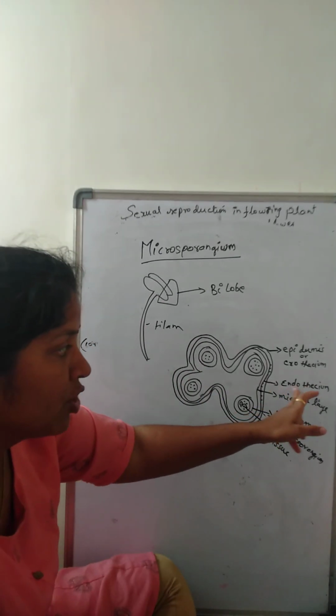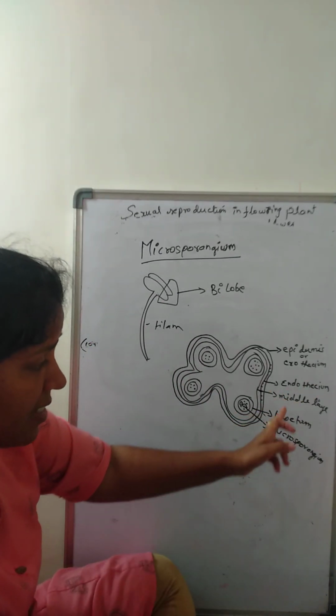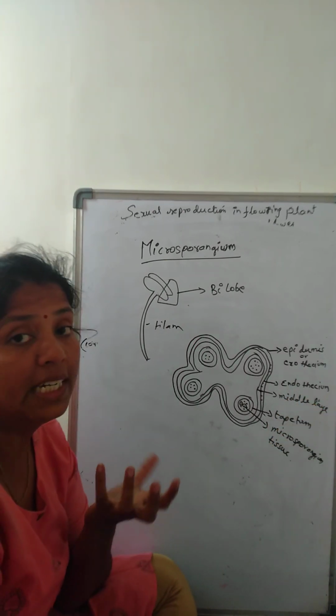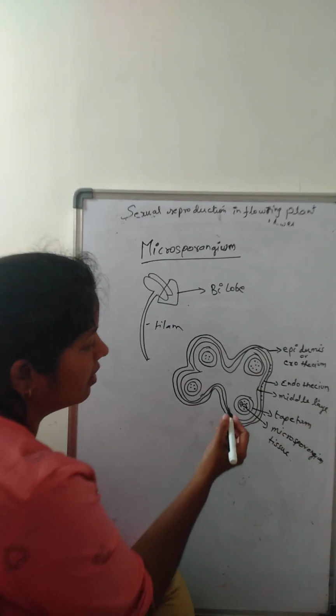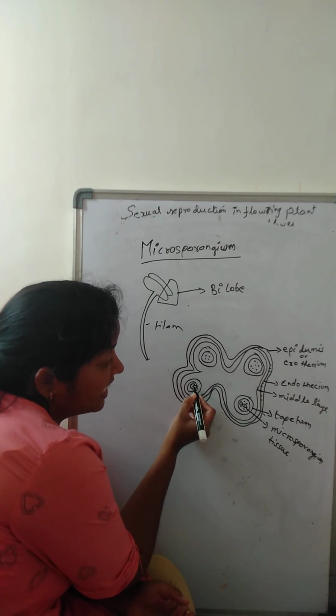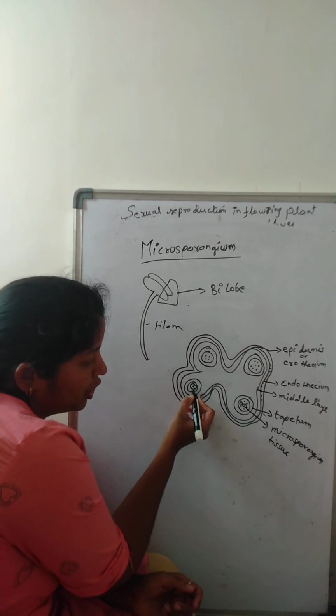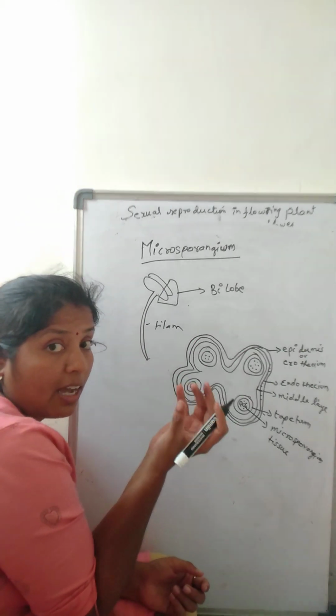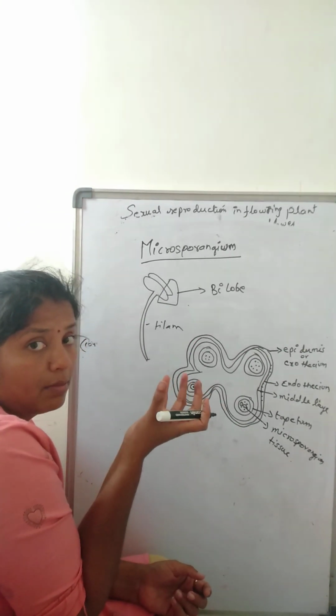The main function of this endothecium is this: here this is the pollen grain, and this is the tissue where our target pollen is.